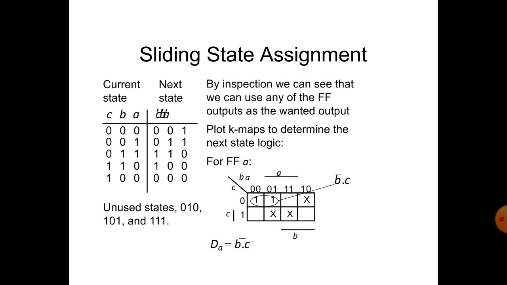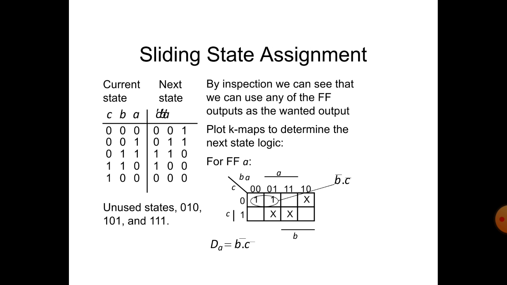In the state assignment slide, we have the current state and next state, ABC, from 000 up to 110. We have the next states 001 to 000, and unused states 010, 101 and 111. We have only 4 states, up to 100, in the case of 8421 codes.